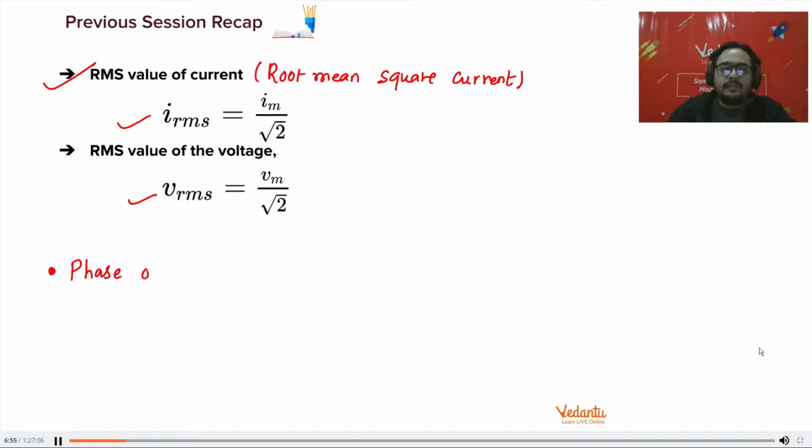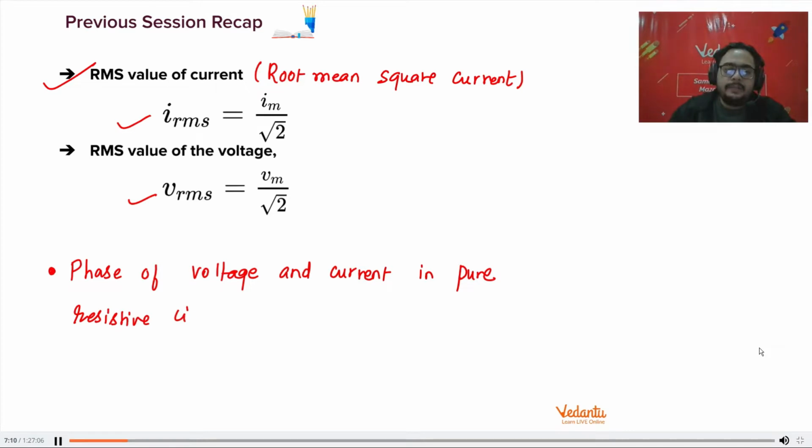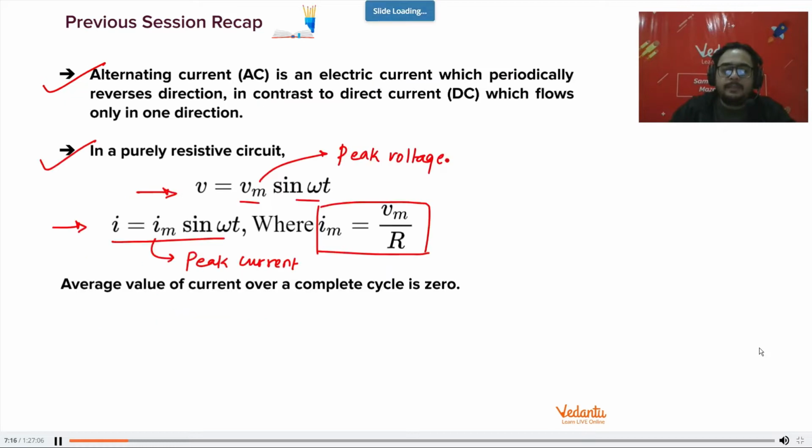Also, we studied that phase of voltage and current in pure resistive circuit is same. How? We know what is phase. Phase is something that is written inside sine. So you can see in voltage and in current, both phase is omega t. So basically they have same phase if the circuit is purely resistive circuit.